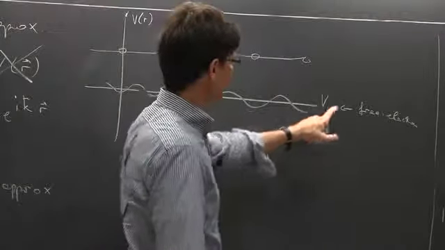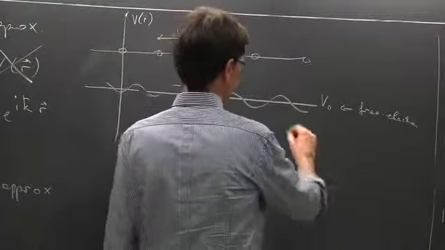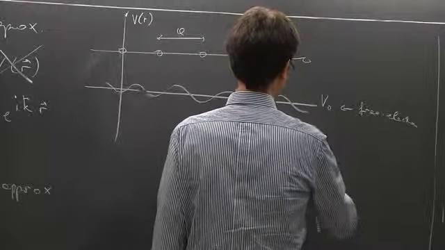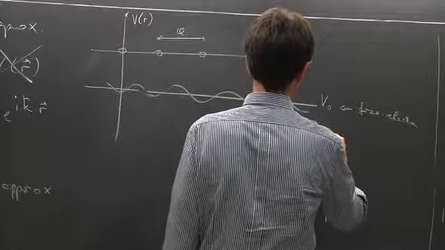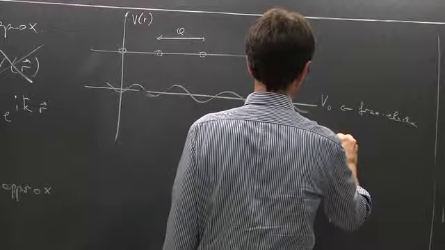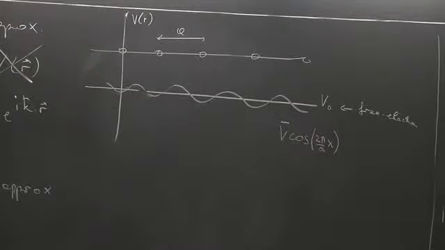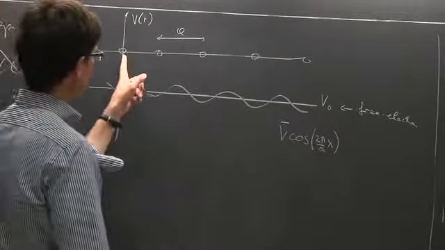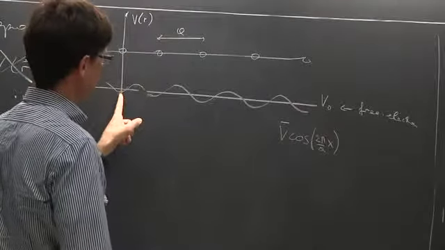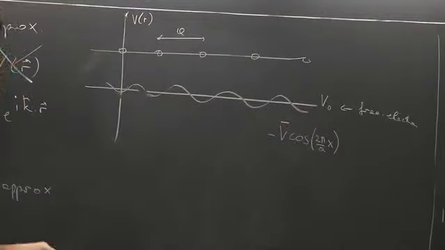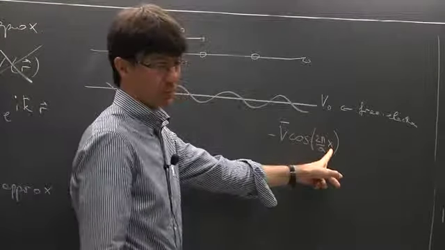So I'm going to add to V0 a potential which is V bar cosine, in this particular case, of 2π over a x. This pink line. In fact, if I place the atoms here at the origin, let me actually put a minus here because I want the potential to be attractive where the atoms are.